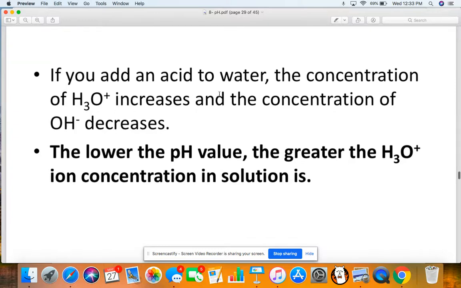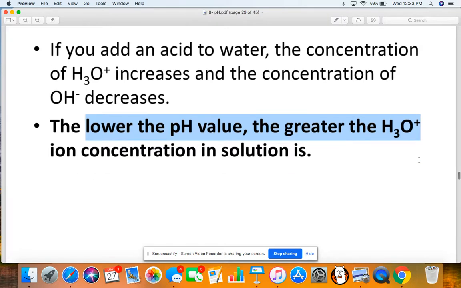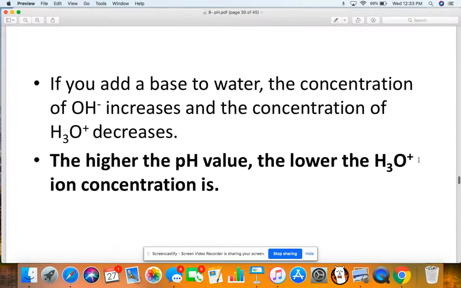If you add an acid to the water, the concentration of H3O ions increases and the concentration of OH decreases. What does that mean? It means the lower the pH value, the greater H3O ions you have. So the lower your pH is, so a pH of 1 is one of the lowest values that you will have, the greater the H3O plus or H plus ion concentration is going to be in solution.